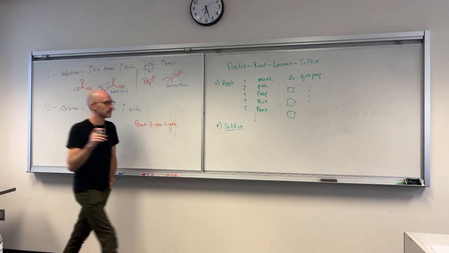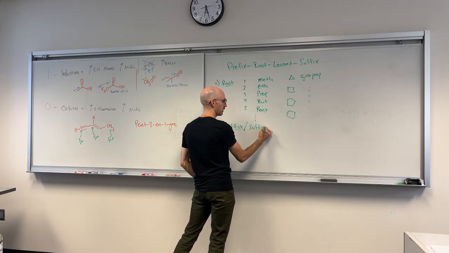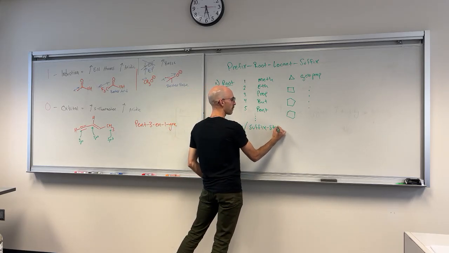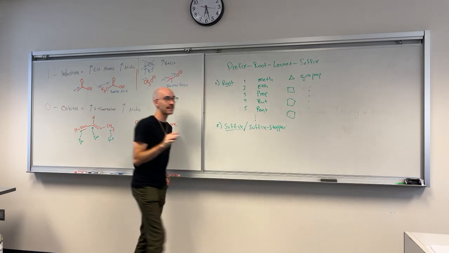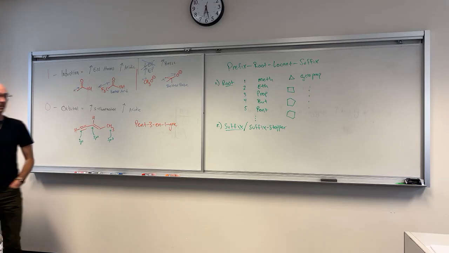Now, you guys that have had me before know that I talk about the difference between suffix and suffix stopper. Technically, textbooks don't talk about suffix stoppers. I might have invented it, I'm not sure. I call it that because the suffixes are really based on hydrocarbon chains.